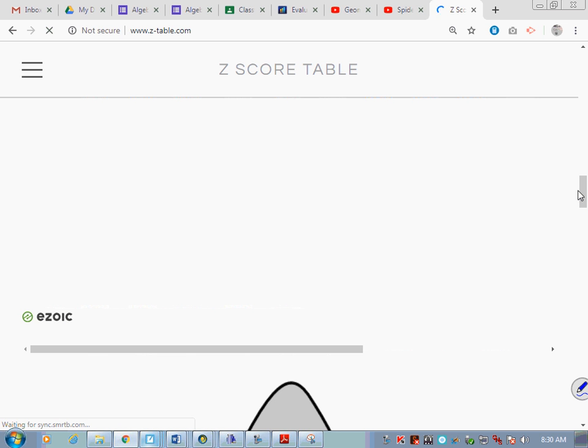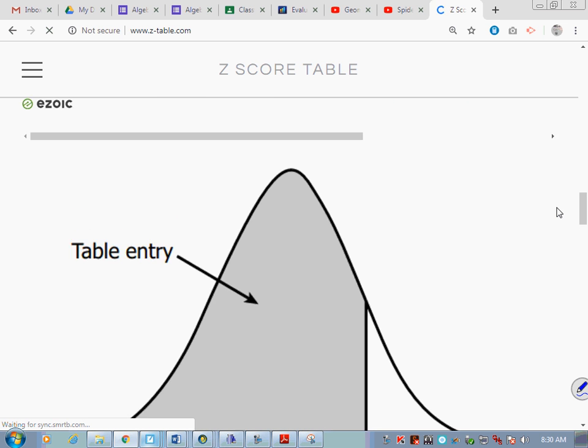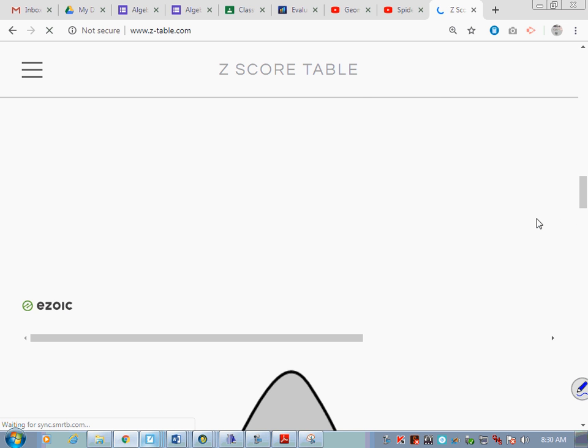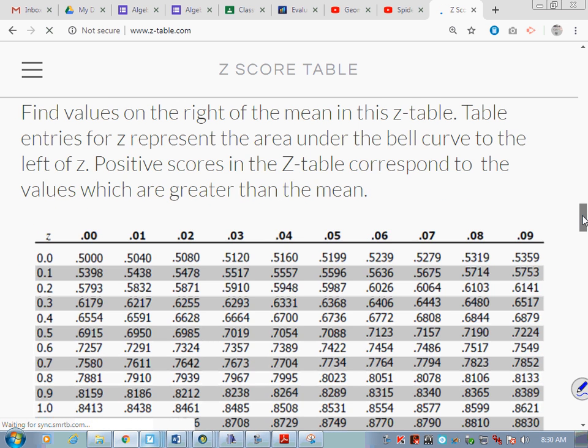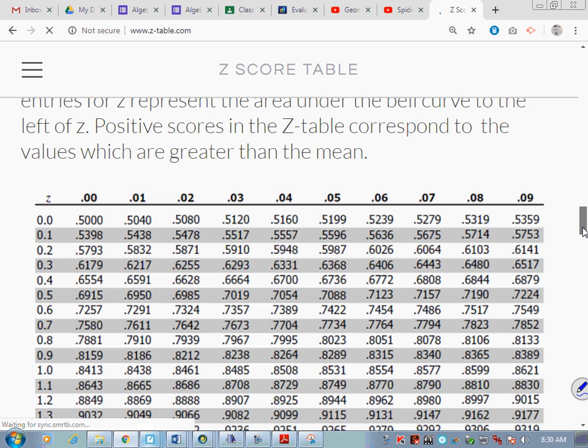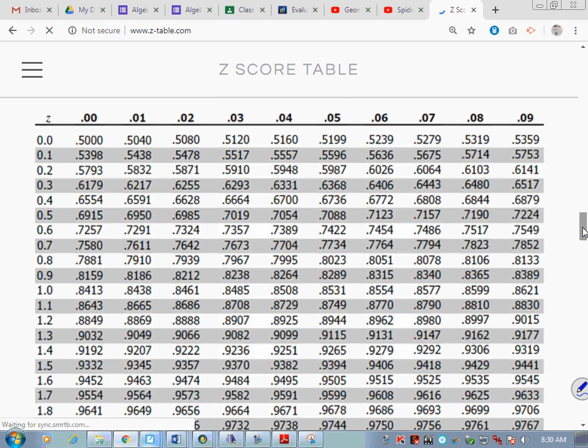It might be easier to look in your book, because we can get positive and negative, meaning whether we're on the left, negative, or right of our mean of distribution. All right, so down the left, we've got 0. So 0.00 is going to be this 0.5000, which we can convert over to a percentage.